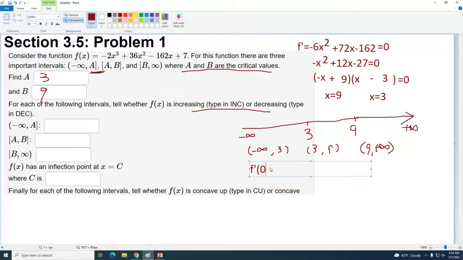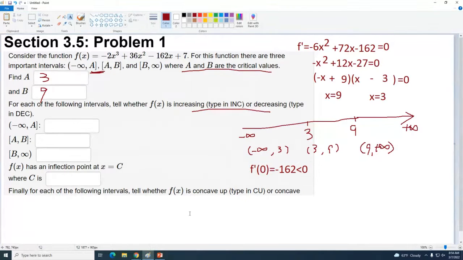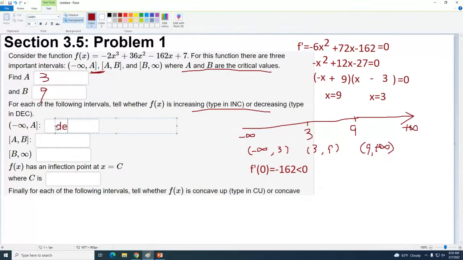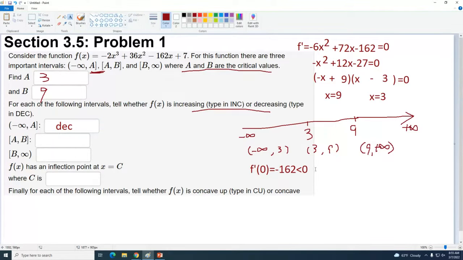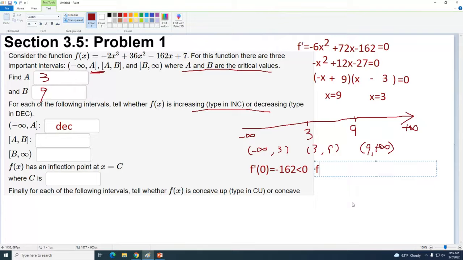So derivative at 0, what is it? Negative 162, which is negative. So we know it is decreasing. So over here is decreasing.